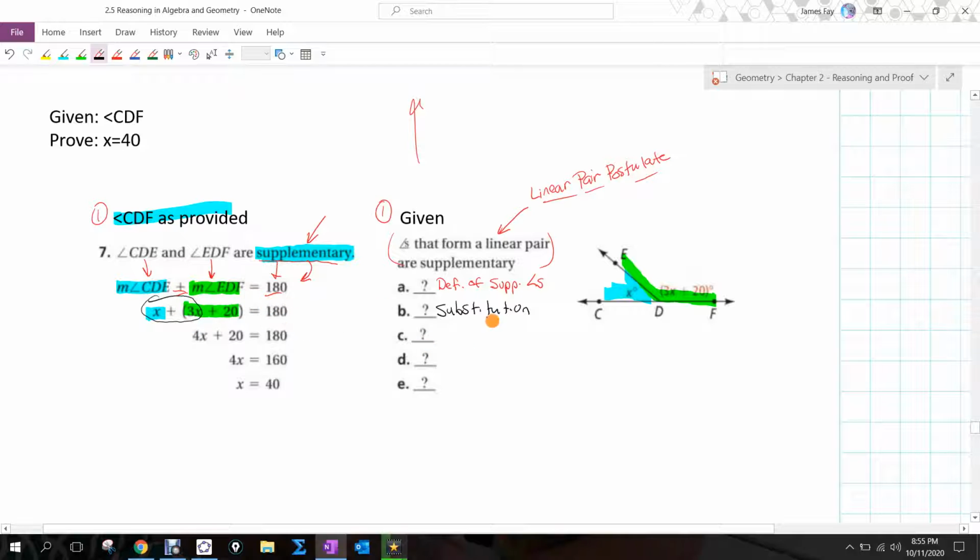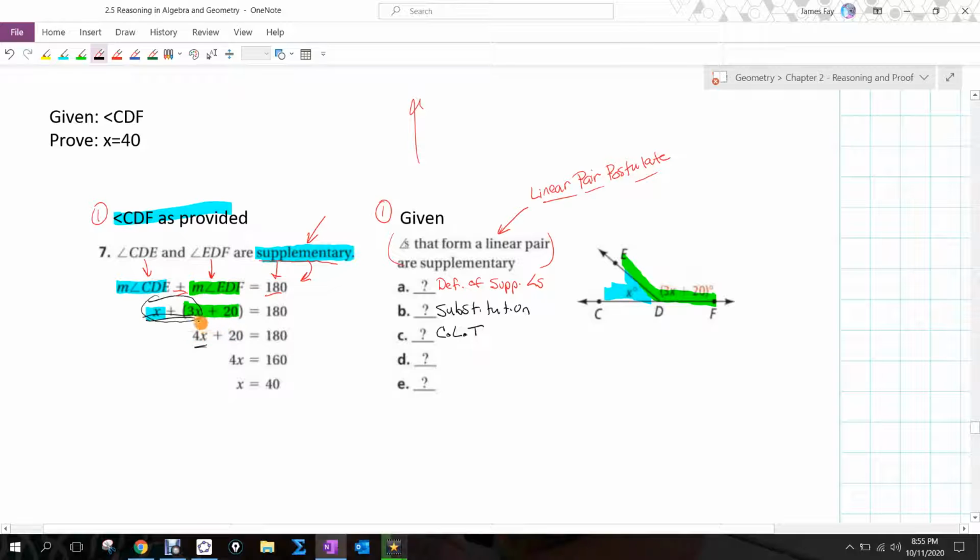I'm just going to say from this step here, x plus 3x plus 20 down to 4x plus 20, let's just call that combine like terms. Now, you could call it substitution because we replaced x plus 3x with what it was equal to. You can do it that way. Combine like terms is fine though.